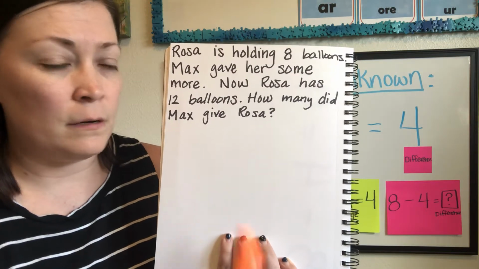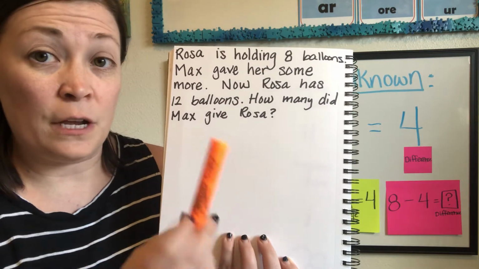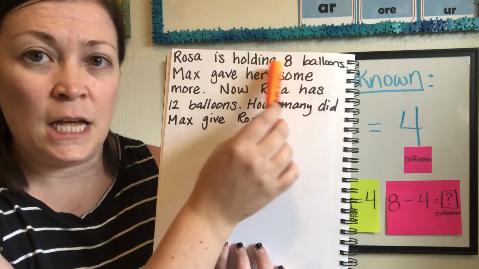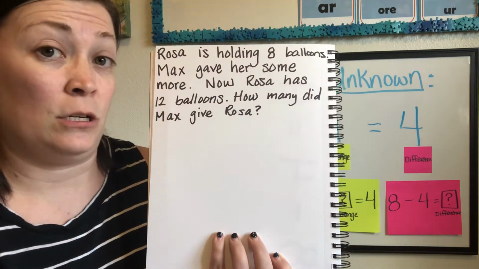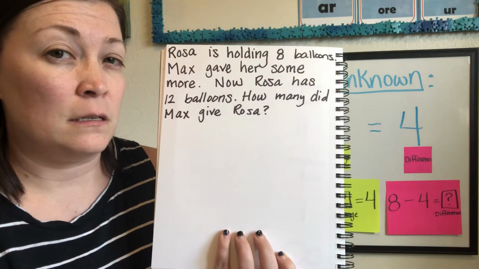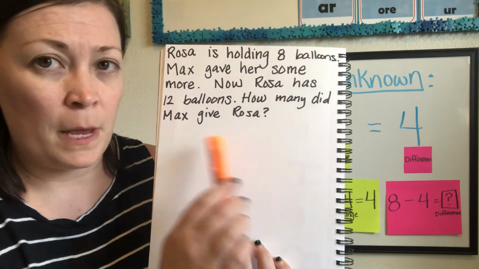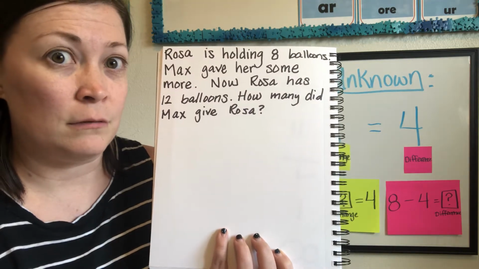I'm going to give you a little bit of time to start your equation and your picture with that information. 8 balloons, that's the important information. I'm going to give you a few seconds to start your paper with 8 balloons.